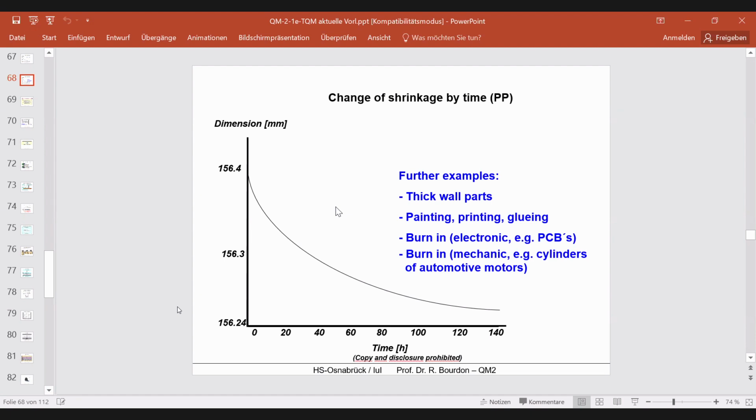Also, if you think of painting, printing, gluing processes, it lasts some hours, maybe minimum some minutes, maximum some hours or days, until the solvent has disappeared completely. So you cannot do any tests of the painting or the printing or the gluing before the quality characteristic has reached its final value.